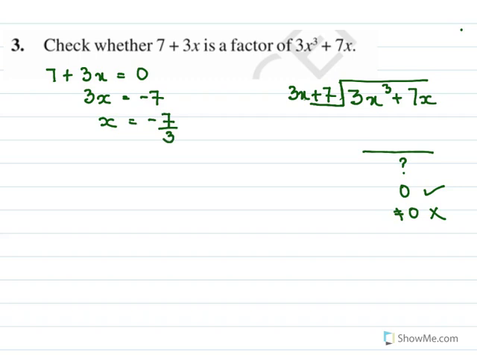Now our p of x is 3x cube plus 7x. To find the remainder, we have to do p of minus 7 by 3. So 3x cube plus 7x, with minus 7 by 3 in place of x.